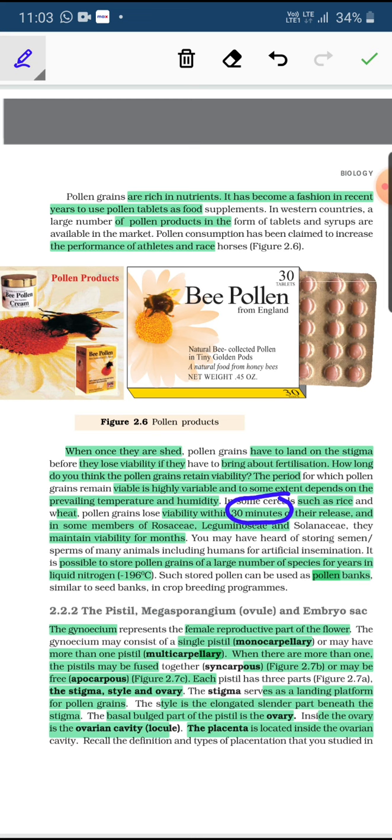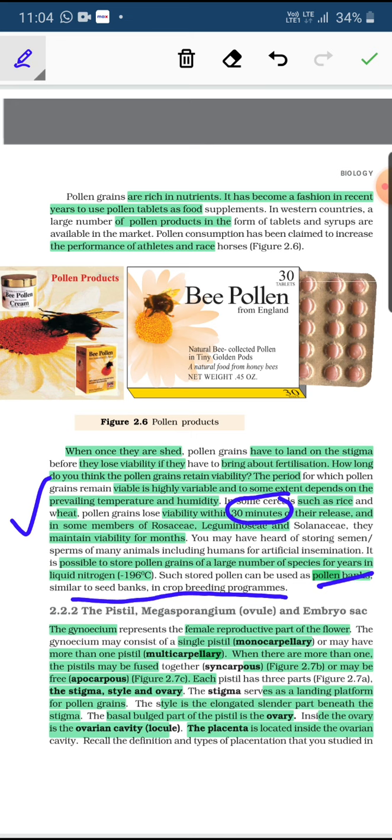Pollen grains can be stored in large numbers for many years in liquid nitrogen at minus 196 degrees Celsius, and such stored pollen can be used as pollen banks, similar to seed banks in crop breeding programs. So as we have seed banks, in a similar way we can have pollen banks, and these can be used anytime for research work or for getting new offspring from the pollen that we have.